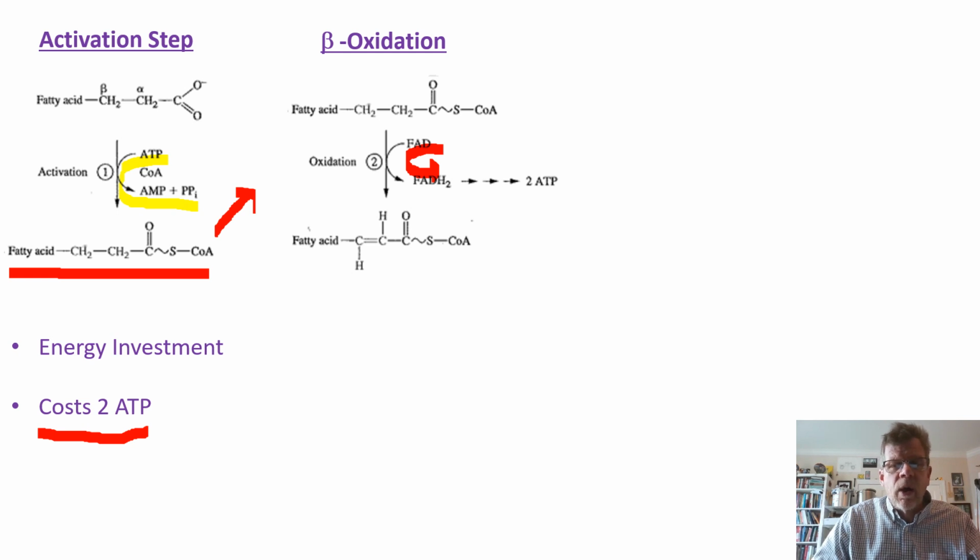So here now we have our FADH2, which, as we see, can be then converted to 2 ATP. Remember that every FADH2 converts to 2 ATP, and every NADH, going back to NAD, drives the formation of 3 ATP.